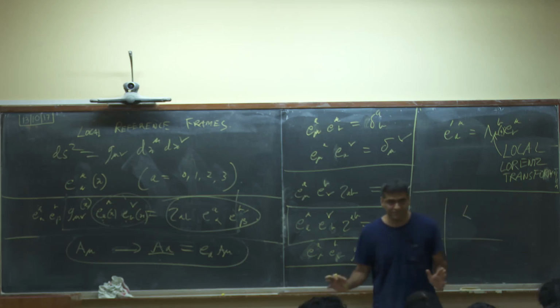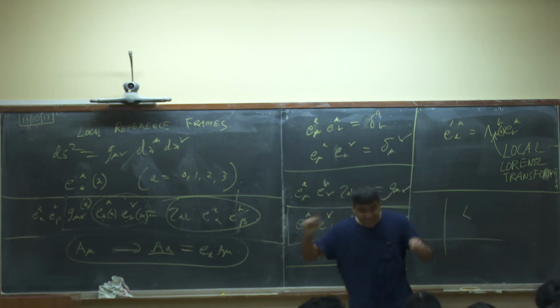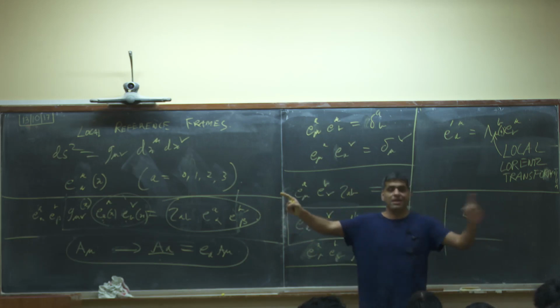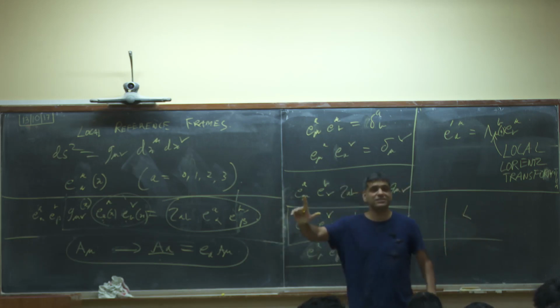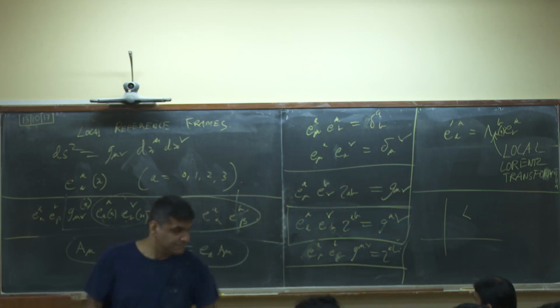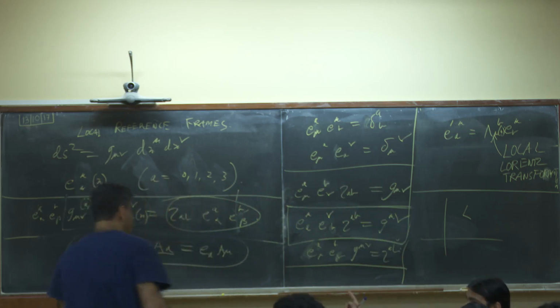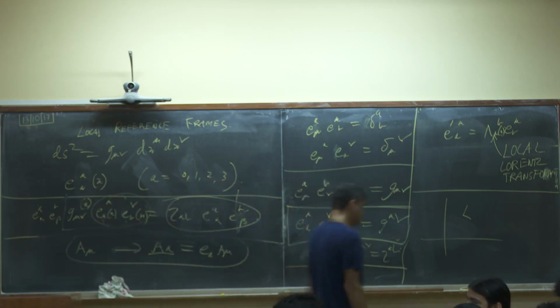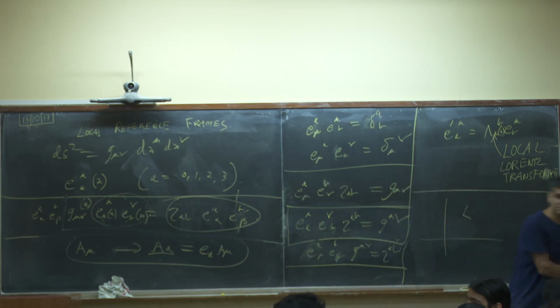Is this clear? I've got an actual physical geometrical vector field, and I'm making linear combinations of those geometrical vector fields to give you another vector field. Is this clear? Okay? And this freedom is not the coordinate choosing freedom.